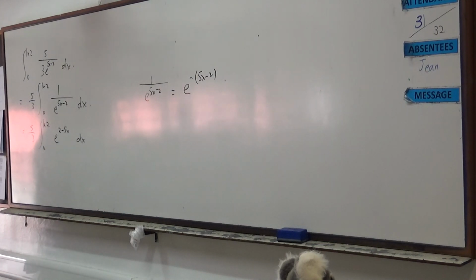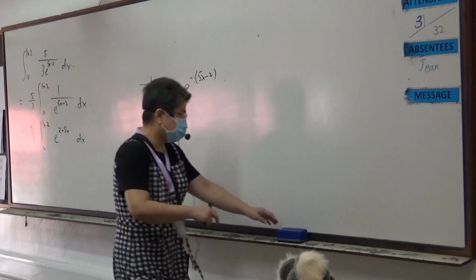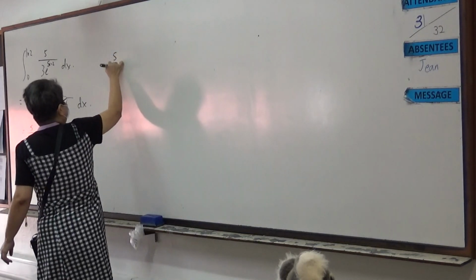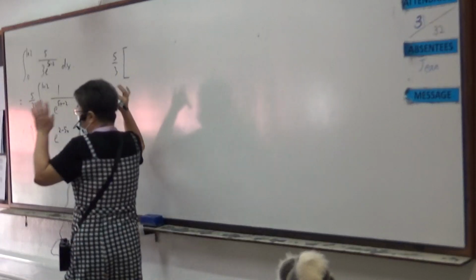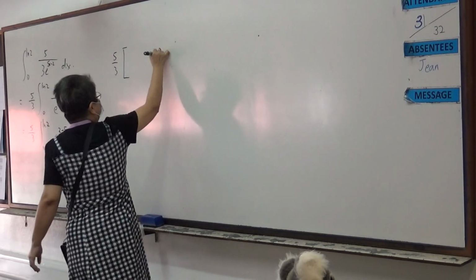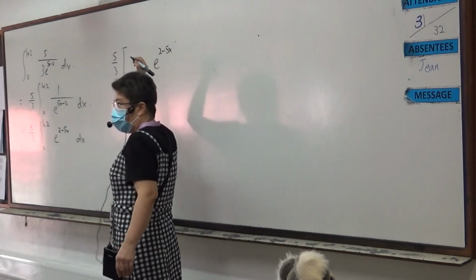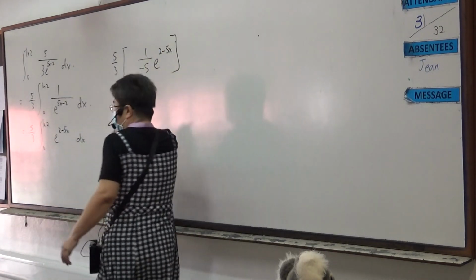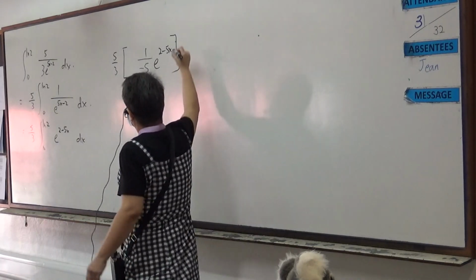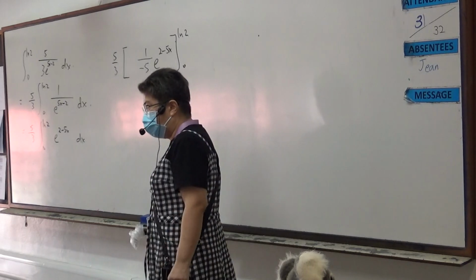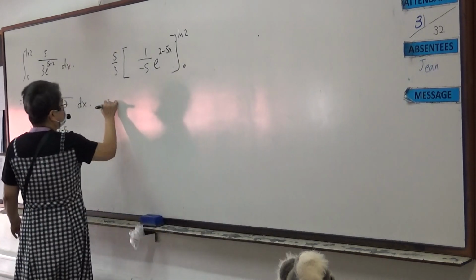Instead of 1 over, you can't do it. Okay, so let me integrate this. 5/3 is outside. Just leave it, you don't care first. This one will become e to the power of 2 minus 5x, in front will become 1 over negative 5, correct? Then you will have ln 2, 0. Everybody okay?